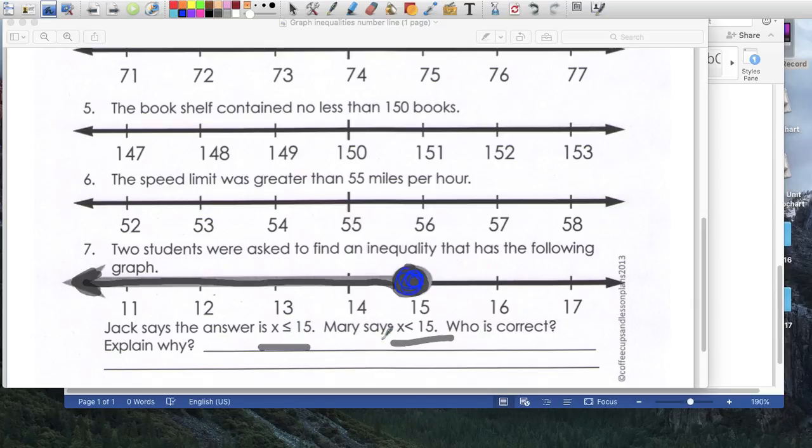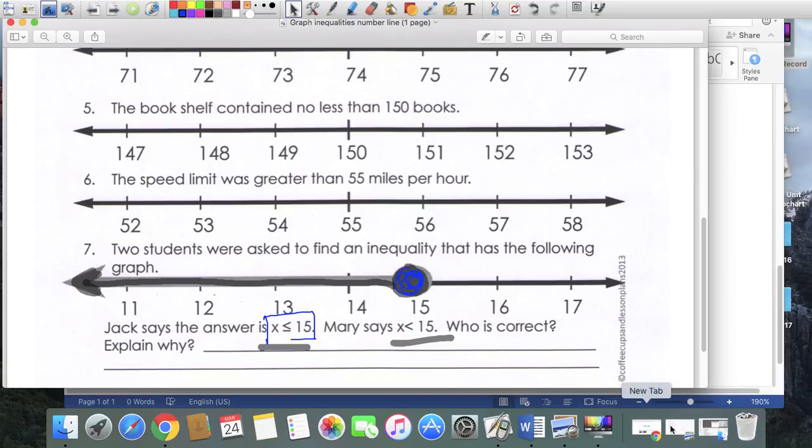So without even going into too much detail, obviously it's this one. Okay. Who's correct? It would be Jackie. Why? Because 15 is part of the solution, and to show that 15 is part of the solution, we need to use the less than or equal sign. Okay, so that's that. Not the first one I did, the second one.